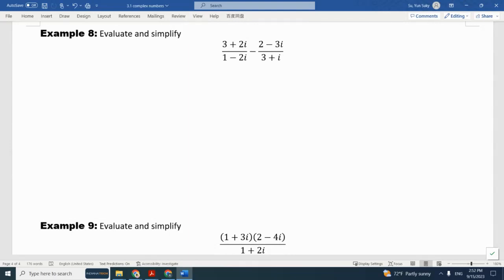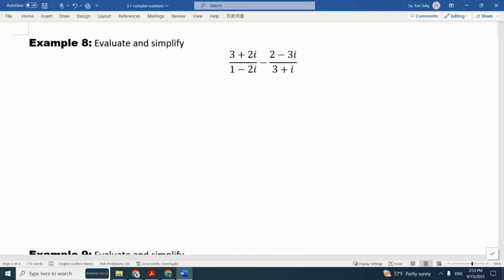We have two fractions, right? First of all, for those two fractions, you want to get rid of the i in the denominator. Then you subtract them. This is a long problem, so let's take a deep breath and do it.